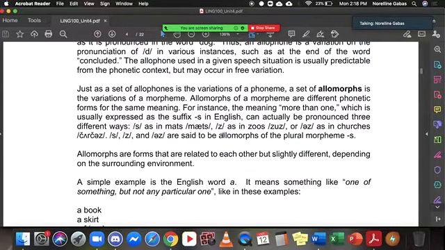In English, di ba? To make it plural, S can actually be pronounced three different ways. S as in maths. Z as in zoos. Pronunciation na to, zoos. As in, or as in churches.